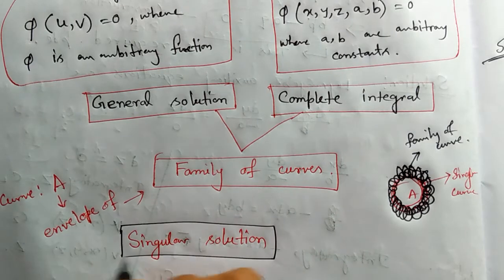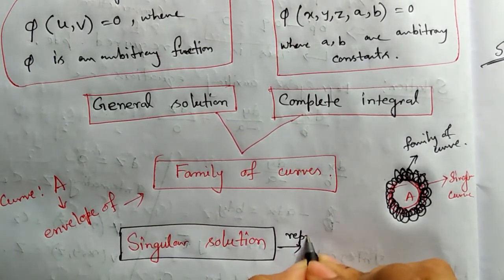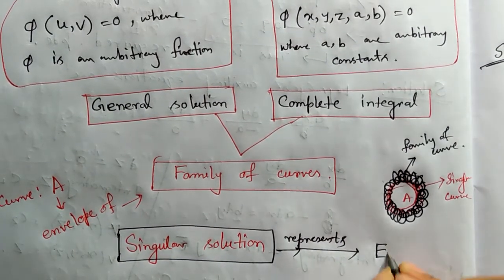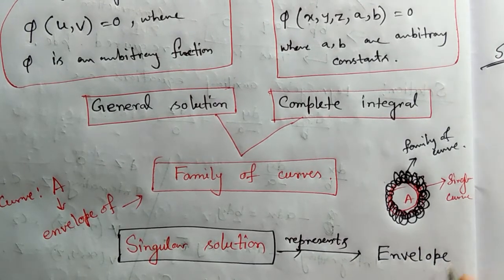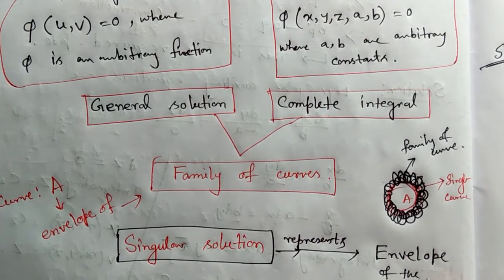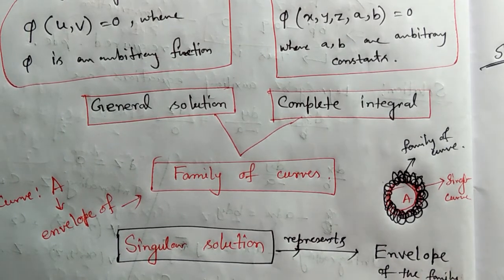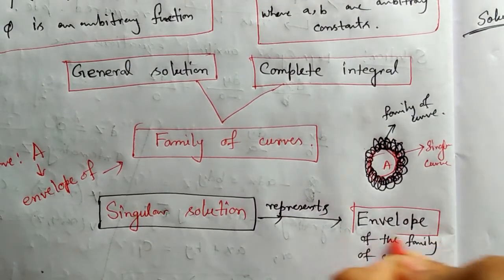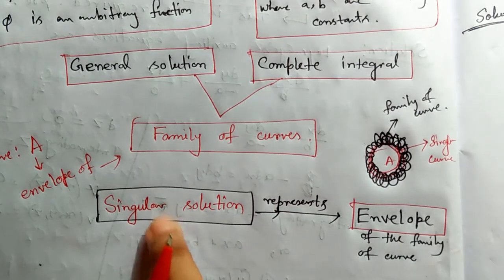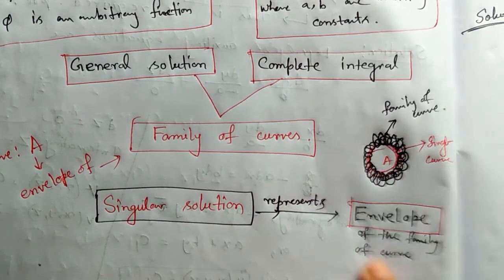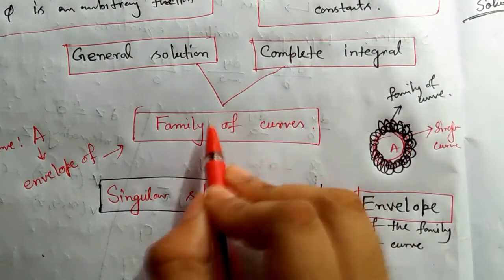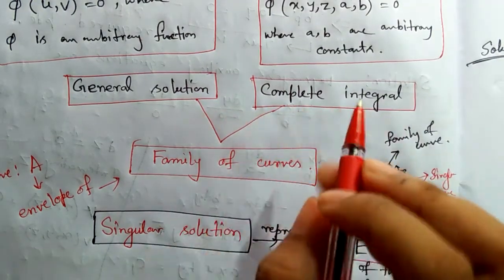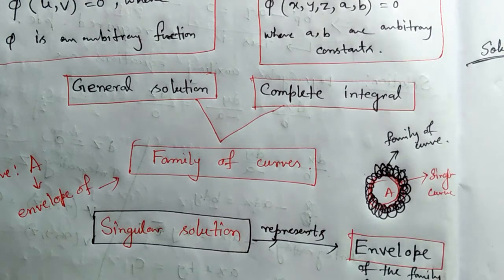So this represents the envelope of the family of curves. So singular solution represents the envelope of the family of curves, and the general solution or complete integral, these two represent the family of curves, right?